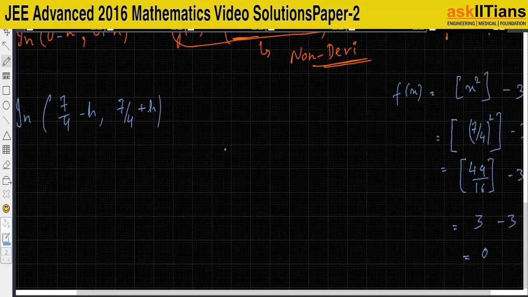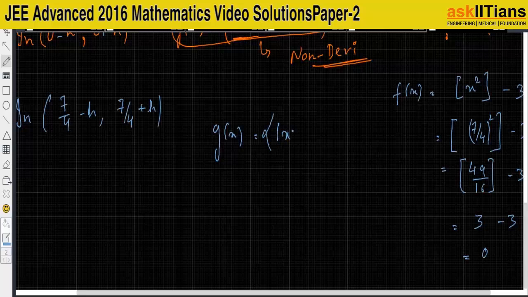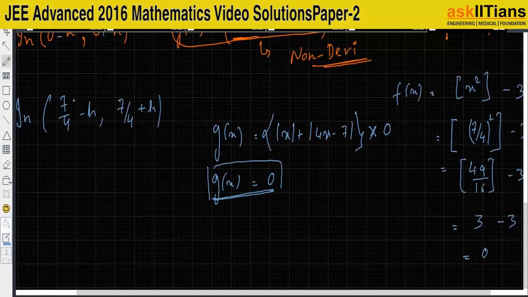If the value of fx is 0, then gx will be mod of x plus mod of 4x minus 7, multiplied by fx, and fx is 0, so gx will also be 0. So in the neighborhood of 7 by 4, minus and plus, the function is 0. So the graph will be just like this. Gx is just 0.